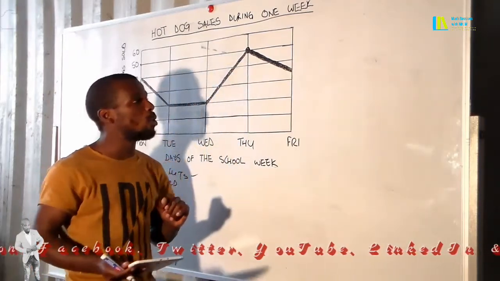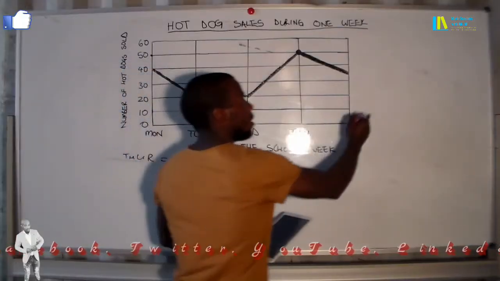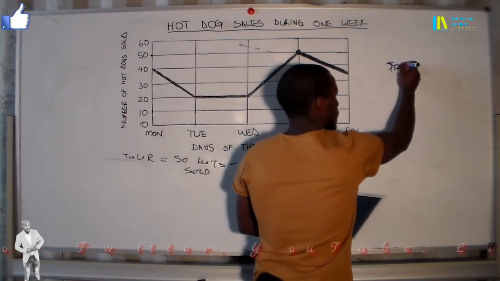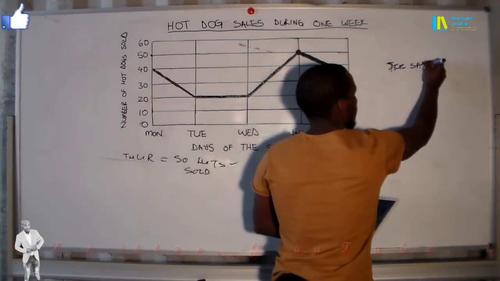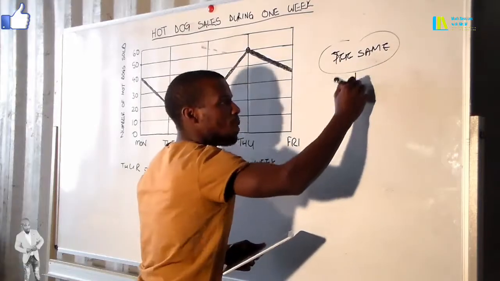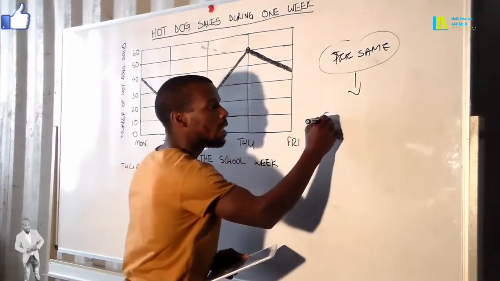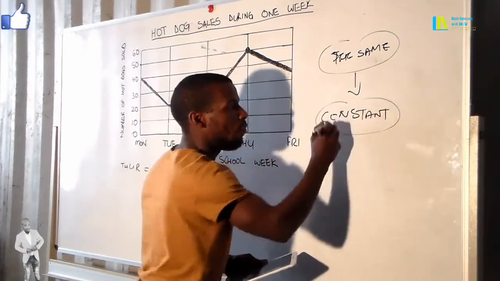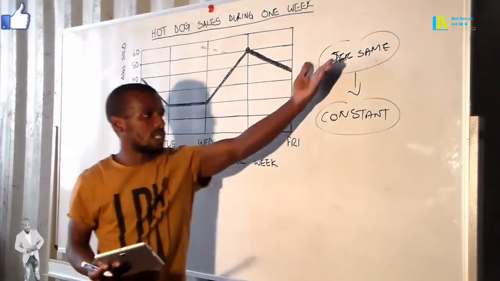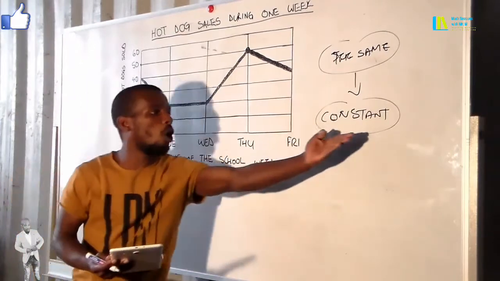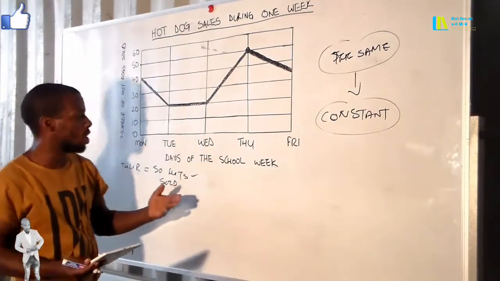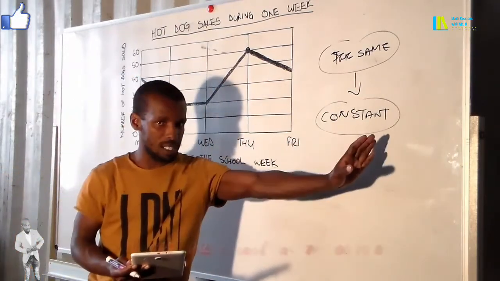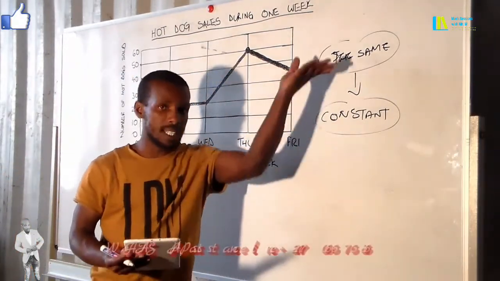Now, this one I want to explain very easily, because the word same speaks in the same context as constant. So if you ever come across the words same and constant in your question, the constant is the same.